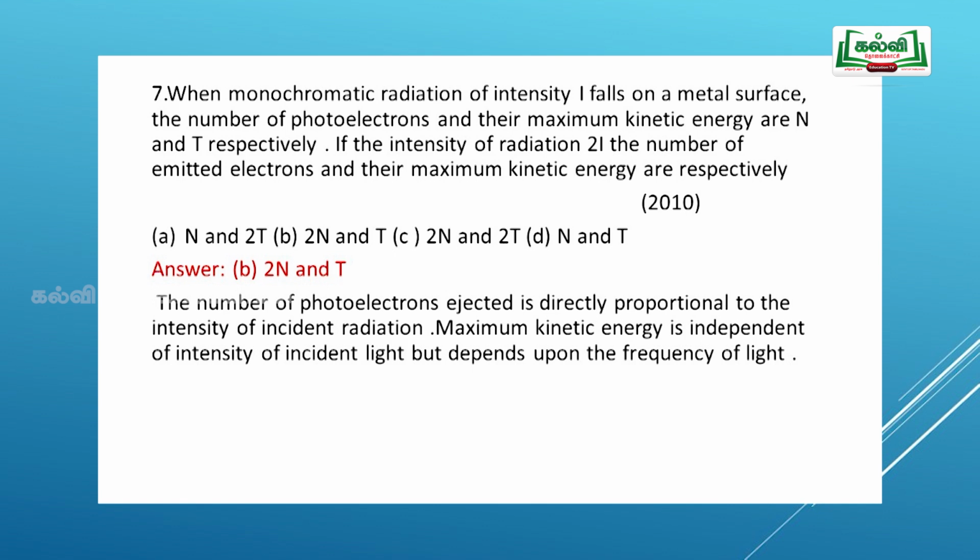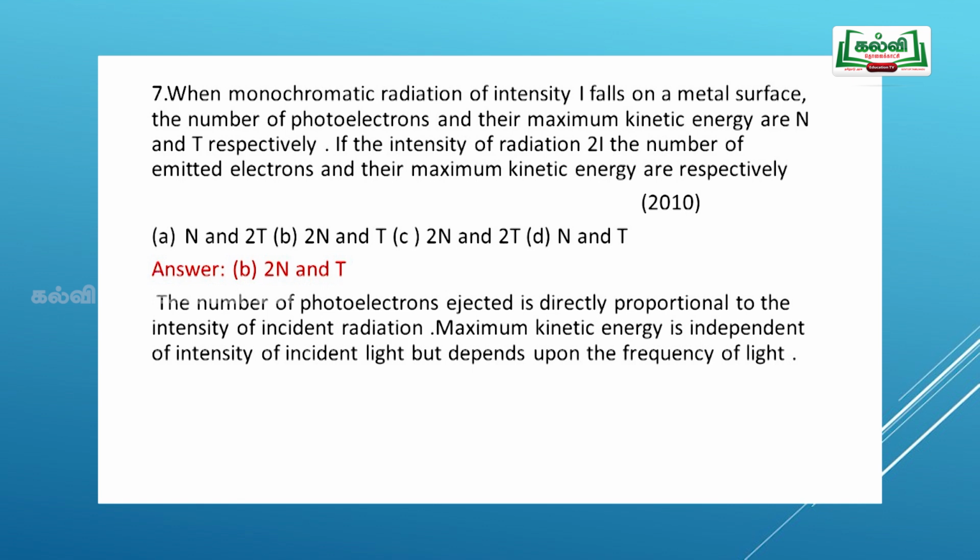So when the intensity of radiation is increased to 2I, definitely the photocurrent will increase, the number of photoelectrons will increase, but the kinetic energy will remain the same. So this becomes 2N, whereas the kinetic energy will remain the same as T. So the answer is 2N and T. The number of photoelectrons ejected is directly proportional to the intensity of incident radiation.